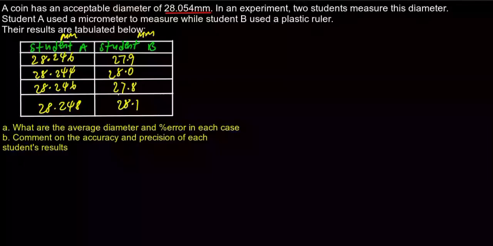Now let's solve. These are the values for A and these are the values for B. So what is the average? Average means you are asked to calculate the mean. So for student A, add everything here divided by 4, because I have 4 values here.